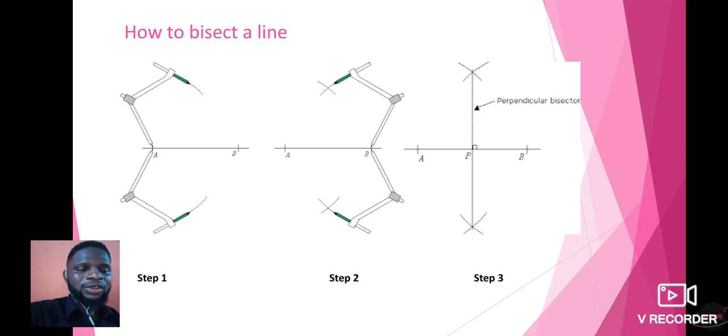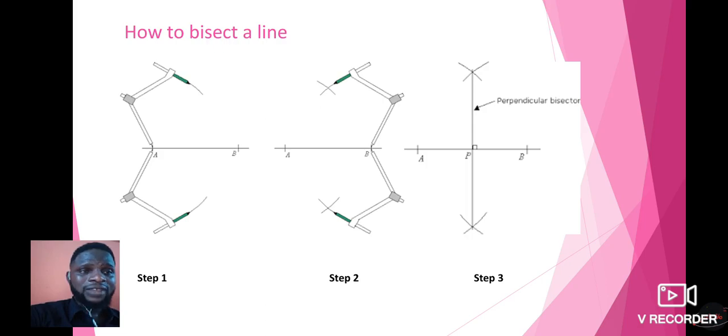Then you now use a ruler and a pencil to join those points of intersection. We now say that we have successfully bisected a line. Simple. This procedure is also the procedure used when constructing angle 90 degrees.